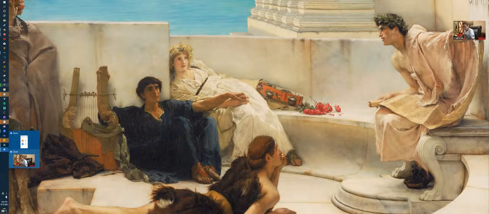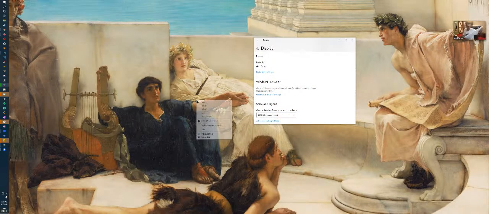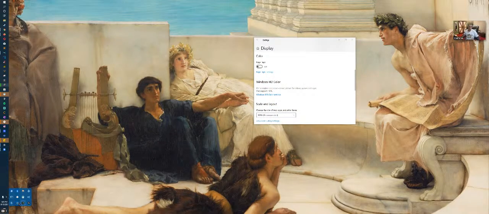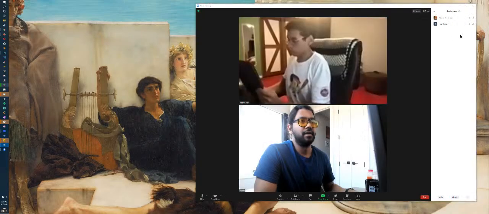I can't find my Zoom screen for some reason. Oh, that's peculiar. I can't find my Zoom screen. Oh, got it. It was minimized.